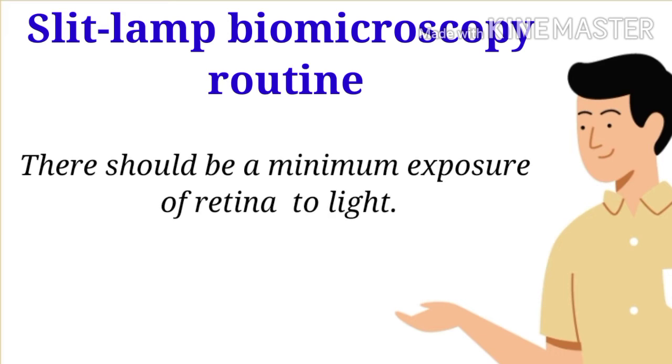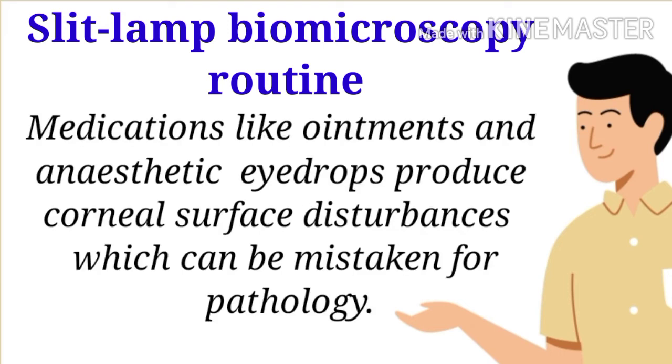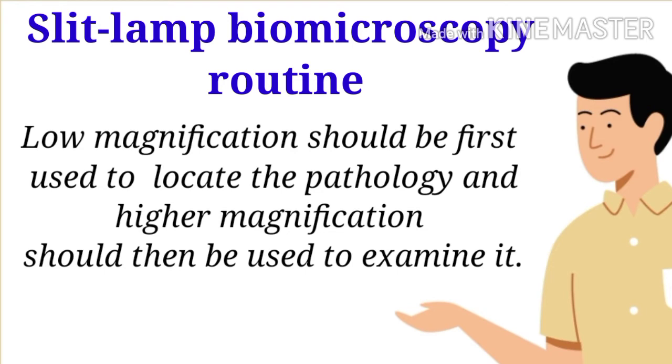Third, there should be minimum exposure of the retina to light. Fourth, medication like ointment and anesthetic eye drops produce corneal surface disturbances which can be mistaken for pathology. And fifth, low magnification should be used first to locate the pathology and higher magnification should then be used to examine it.